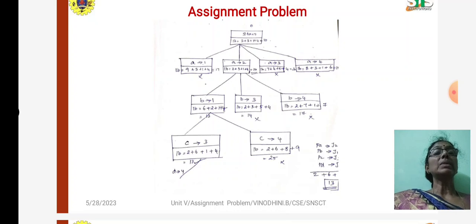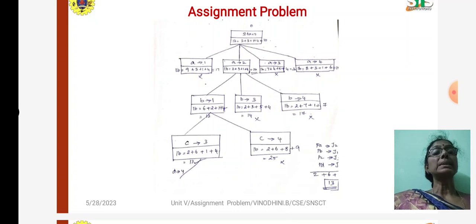In the first step we have to assign the 4 jobs to person A. So assume that A is assigned job 1, then assign the second job to person A, and for the third job and the fourth job we find the lower bound values.